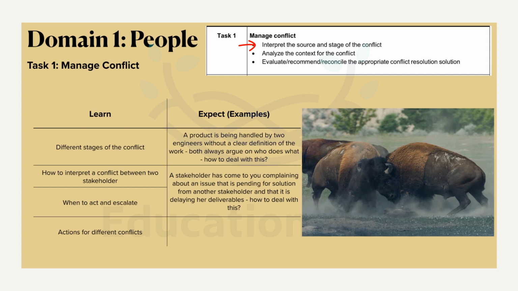We need to identify the root of the problem and to what level this has gone. If the stakeholders have already escalated these things to a higher level, it's much worse to handle. So we need to be involved in the disagreement as early as possible. And we as project managers need to analyze the context to understand what actually started the conflict. And finally, we need to also recommend a solution to the problem.